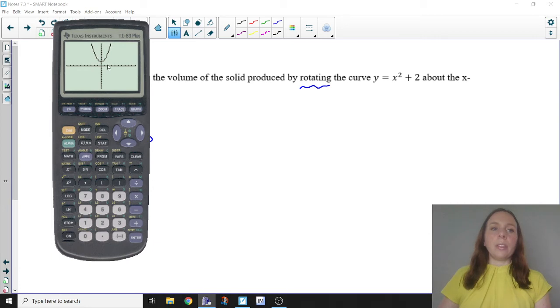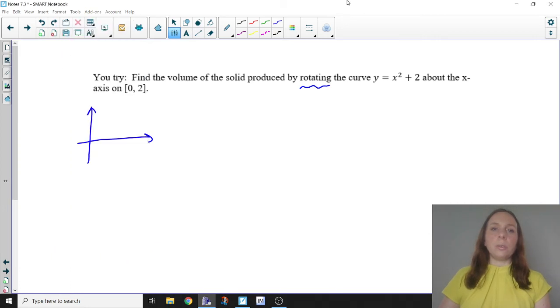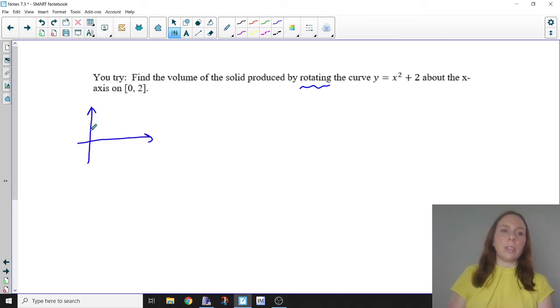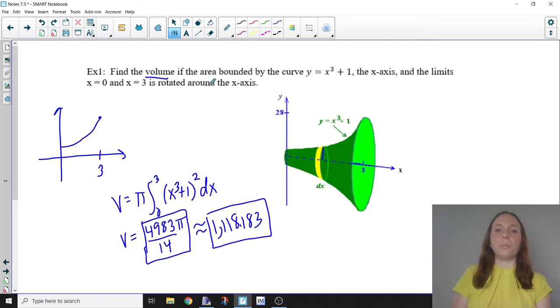We're looking at the interval from 0 to 2, so it would look something like this. We definitely don't have anything in particular we have to worry about here. We're just looking at this area, rotating it about the x-axis, and we would get a shape that looks pretty similar to this one.